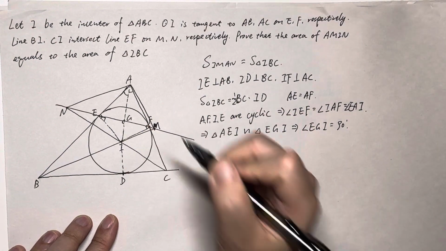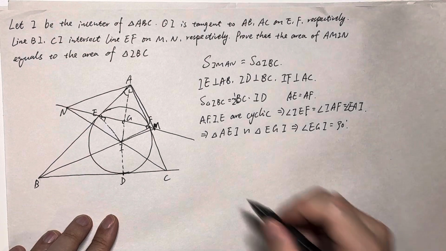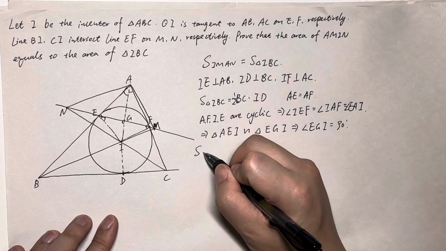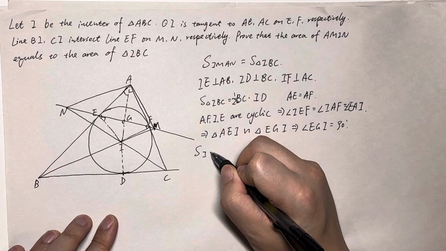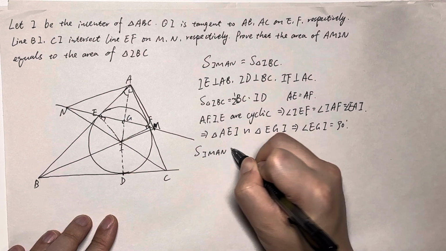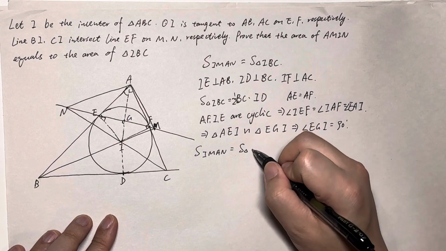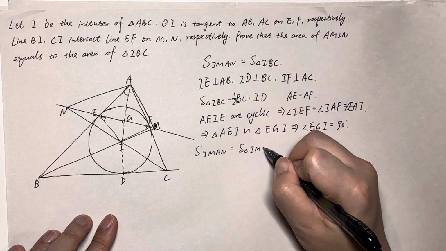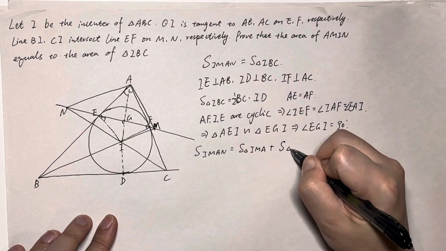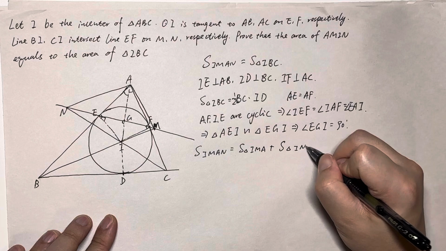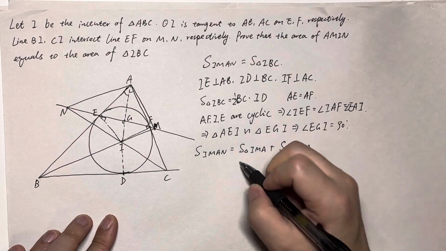This is 90 degrees. Now we know that the area of IMAN can be calculated as the summation of the area of triangle IMA plus the area of triangle INA, right?